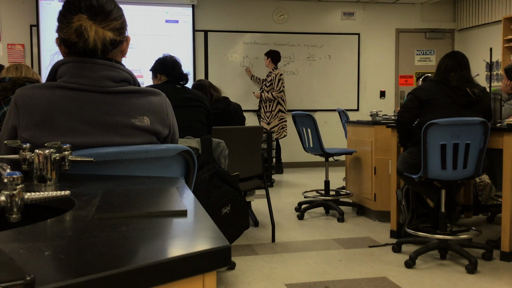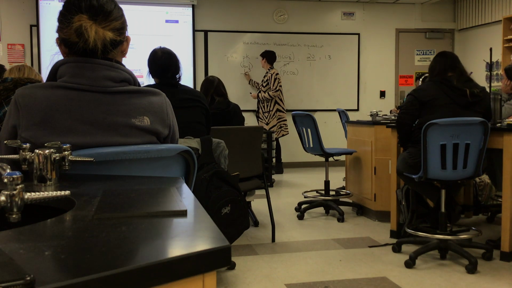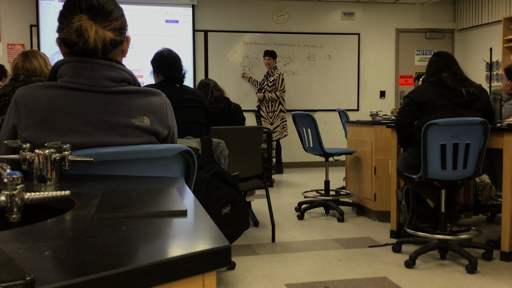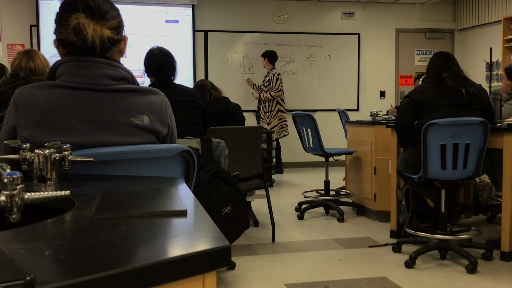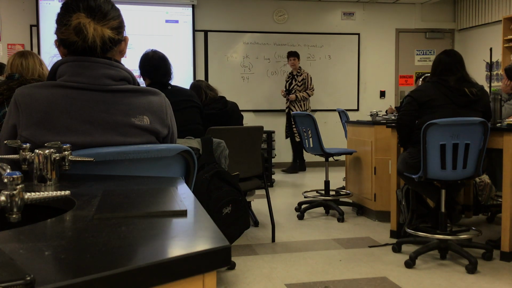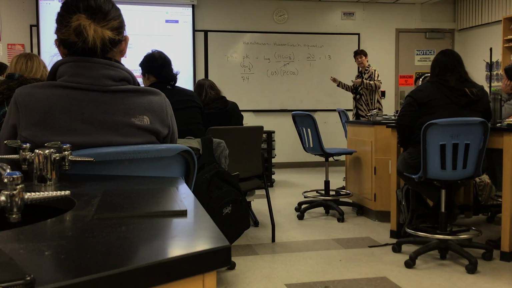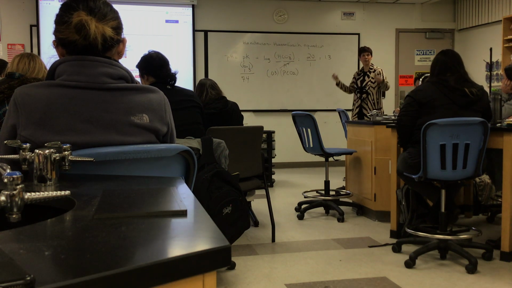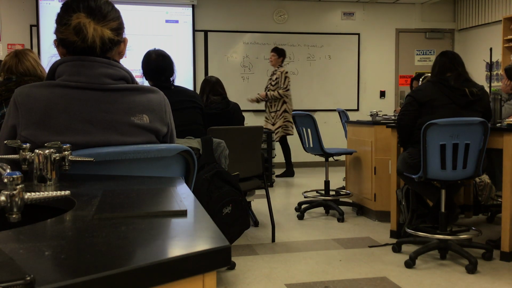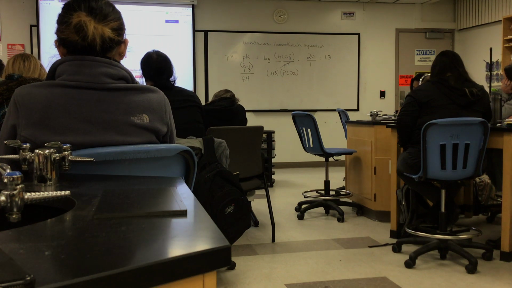And when we add 1.3 to 6.1, you get 7.4, which is the normal middle of the range of our body's pH.